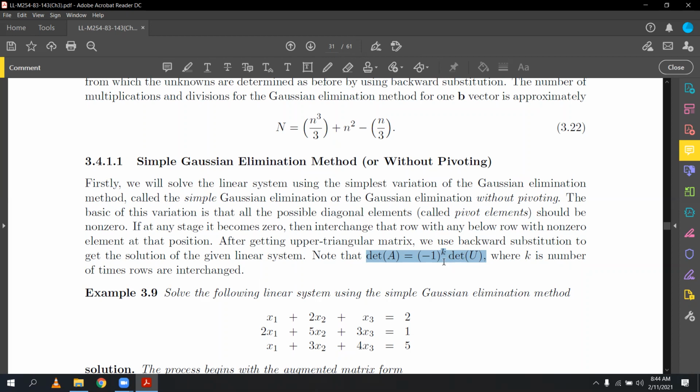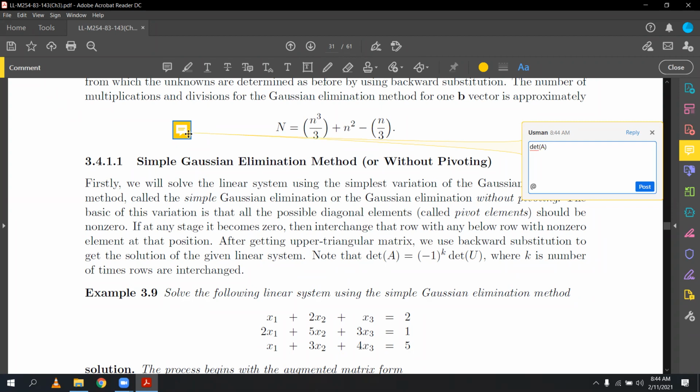And in the simple Gauss elimination, we are not always interchanging the row, we only interchange the row when the diagonal becomes 0. When we do not interchange the row, then what is the determinant of A always?